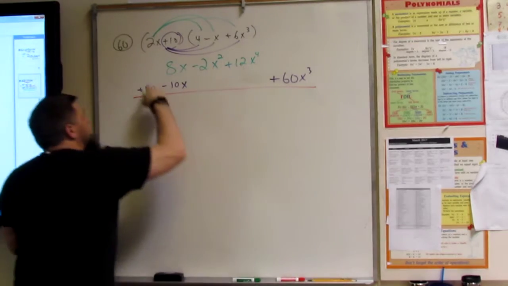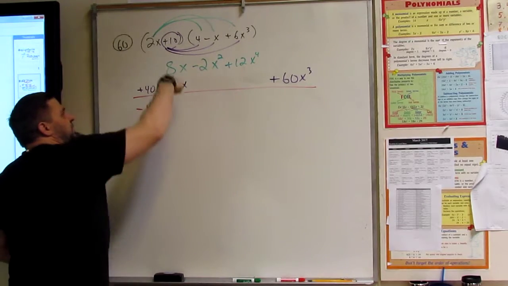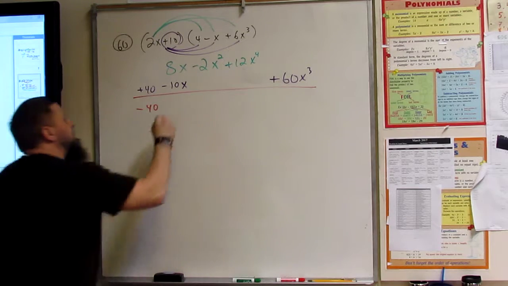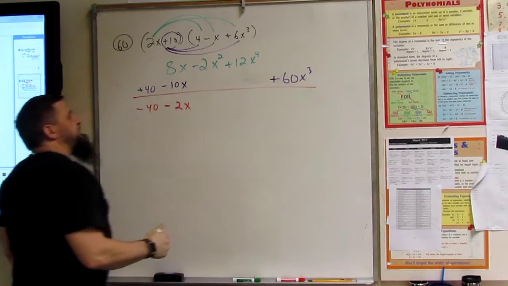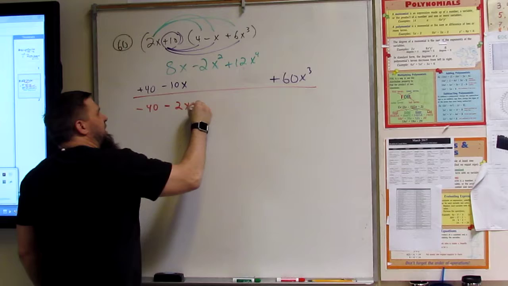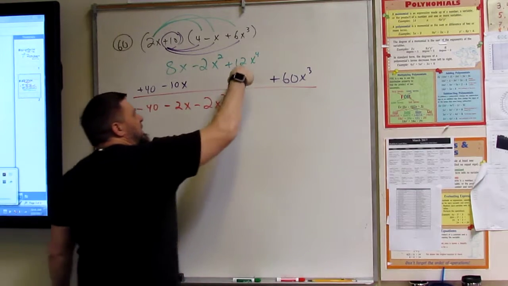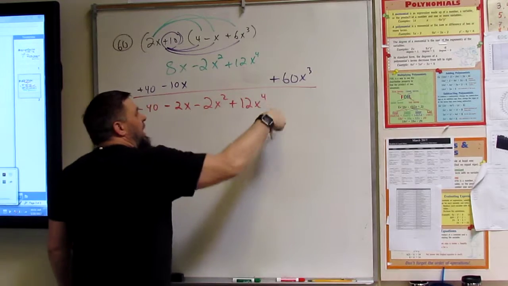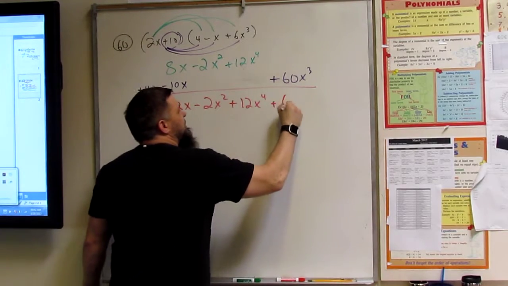Because this doesn't go with anything. These go with each other. So negative 10 and 8 gives me, if I need 10 and someone gives me 8, negative 2. This doesn't go with anyone, so it just comes down. This doesn't go with anyone, so it just comes down.